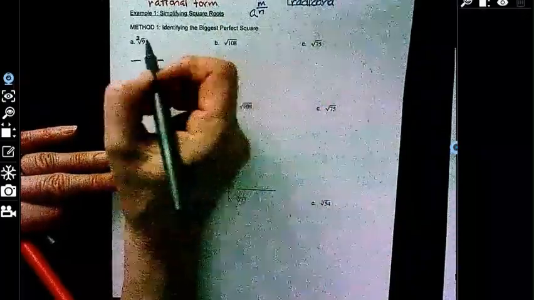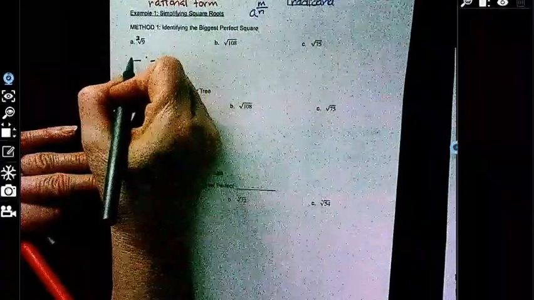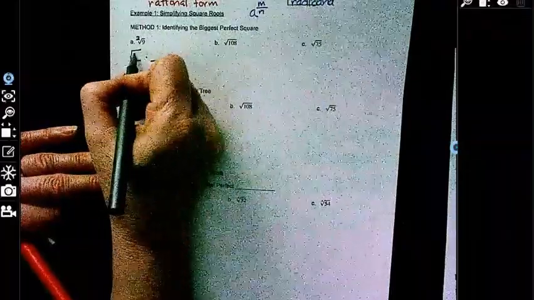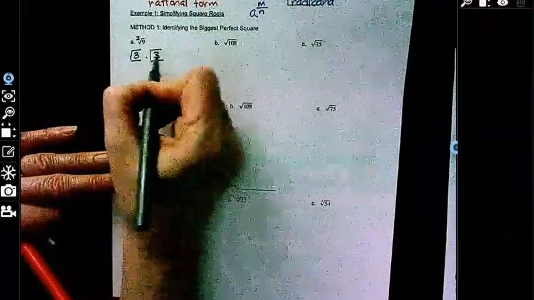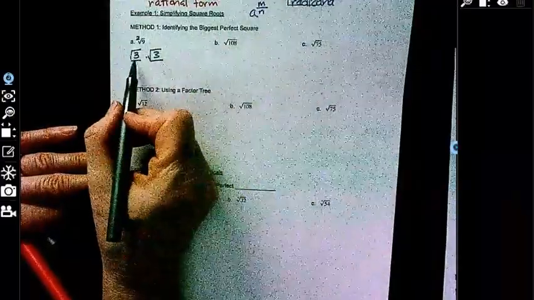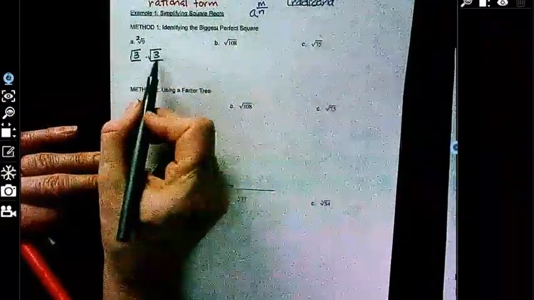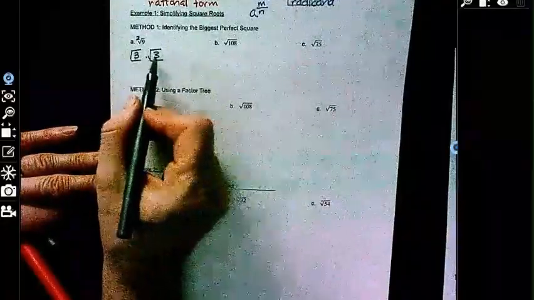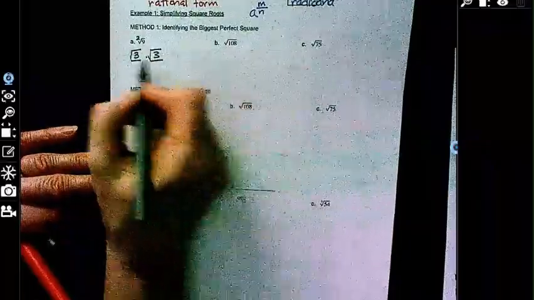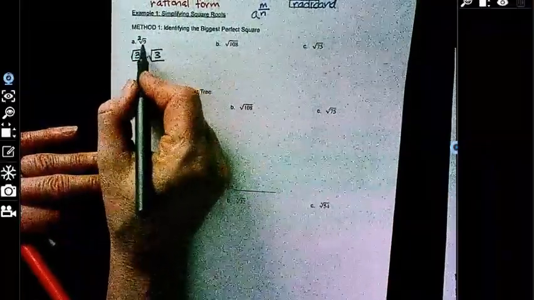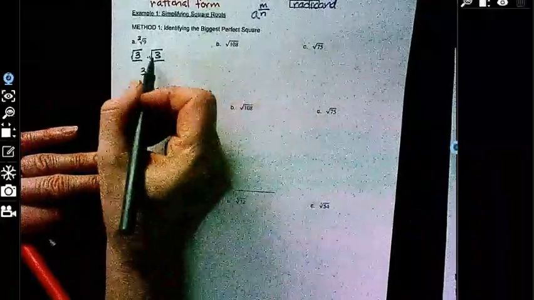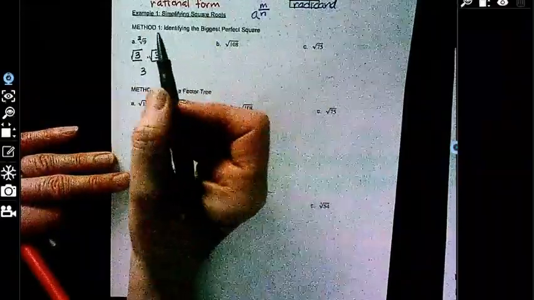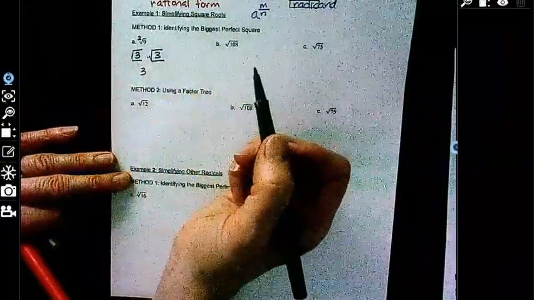Keep it under the radical: 3 times 3, those are factors of 9. We can skip this step. We know that the square root of 9 is 3 because 3 multiplied by itself twice gives me 9.